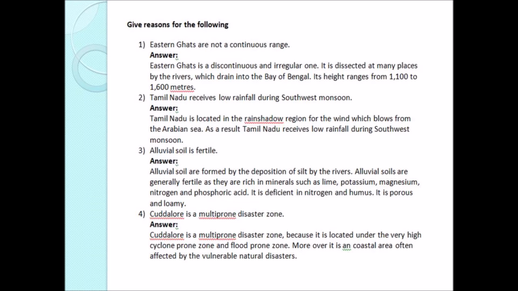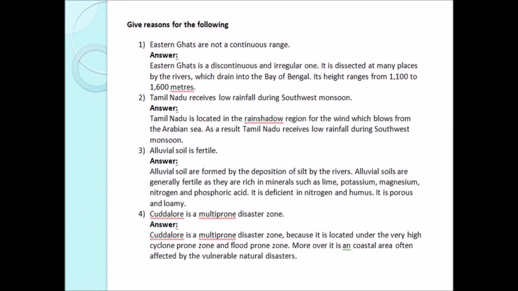When the wind from the Arabian Sea hits the Western Ghats, the state Kerala receives heavy rainfall. Since Tamil Nadu is located on the other side of the Western Ghats, it receives only very little rainfall. Here in this answer, the words rain shadow region are very important. So as a result, Tamil Nadu receives low rainfall during the southwest monsoon.